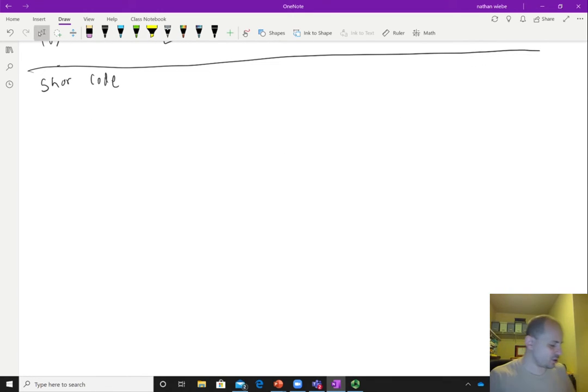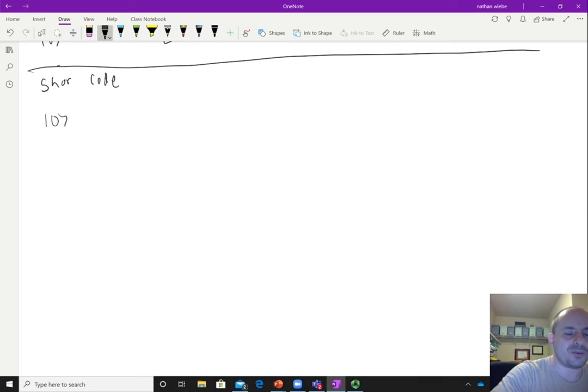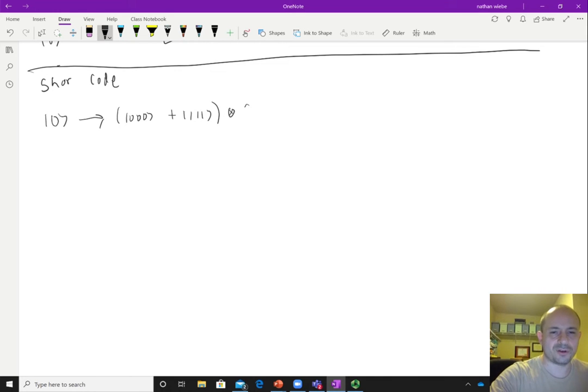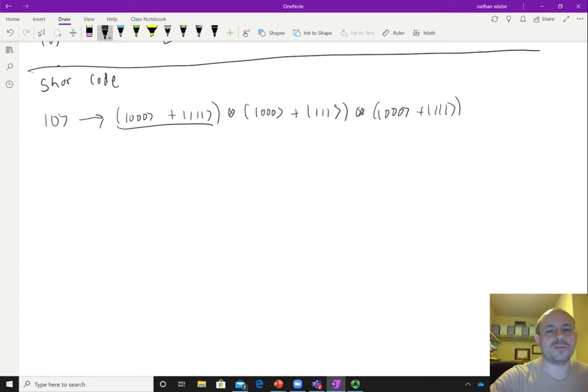So the Shor code ends up working as follows. It maps 0 to 0,0,0 plus 1,1,1 tensor 0,0,0 plus 1,1,1 tensor 0,0,0 plus 1,1,1, all divided by 2 square root 2.